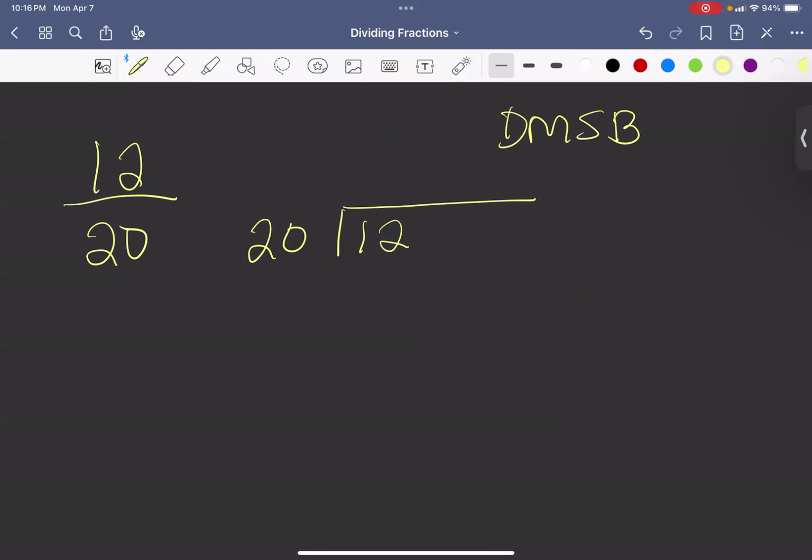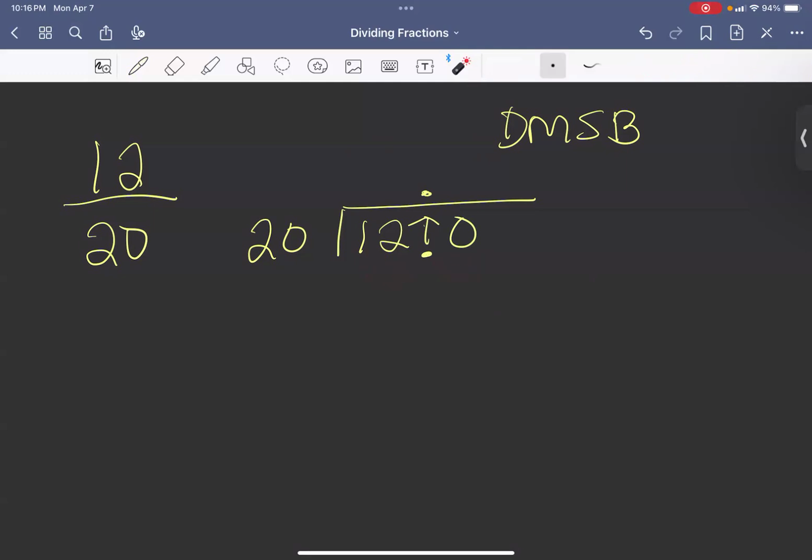Okay, so let's start. 20 into 1 is 0. 20 into 12 is 0. So we can't divide. Since we want to keep dividing, we add a decimal, bring the decimal up, add a 0. Now the new number is 120.